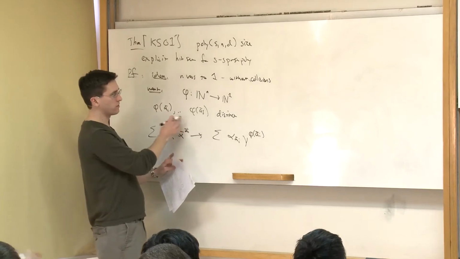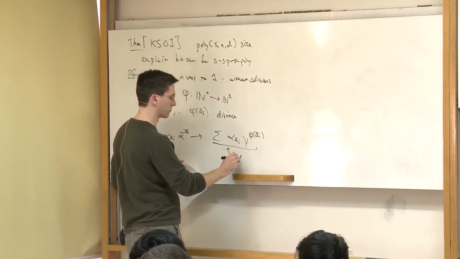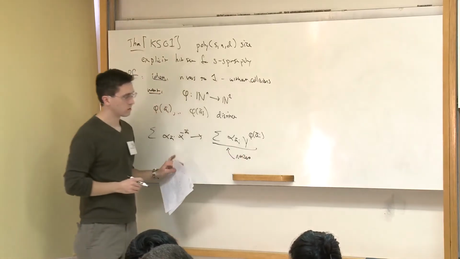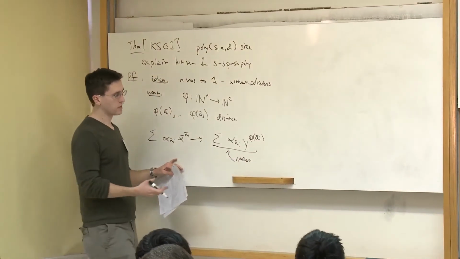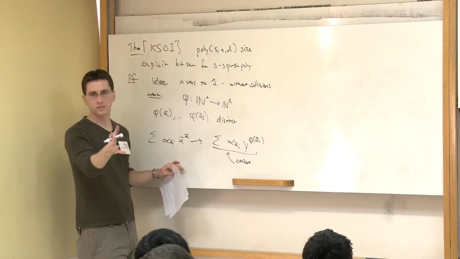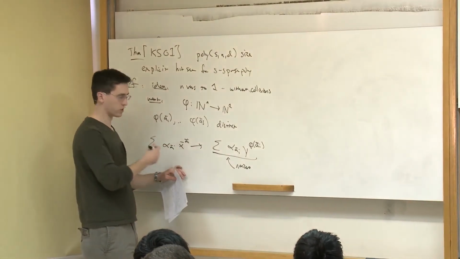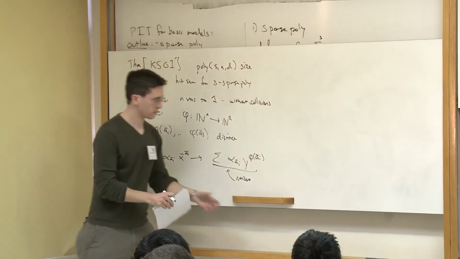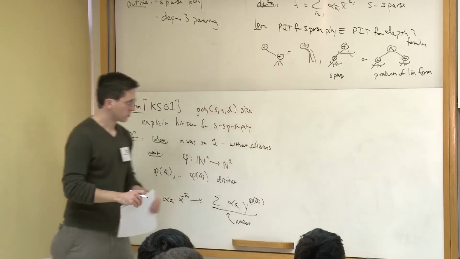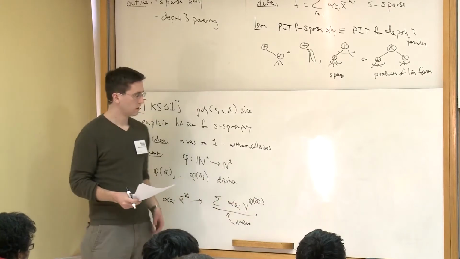And the point is that if all of these are distinct, this univariate polynomial is non-zero. Why is it non-zero? Well, basically, I have a sum of monomials, and they all have different powers, right? So they can't cancel each other out if this initial thing was already non-zero, which is what we're assuming to be the case. Okay, so I go from n variables down to 1, right?